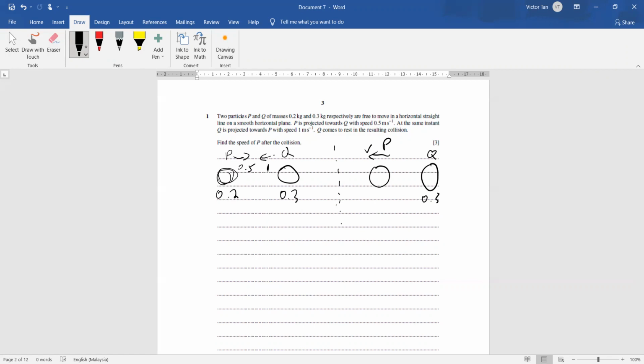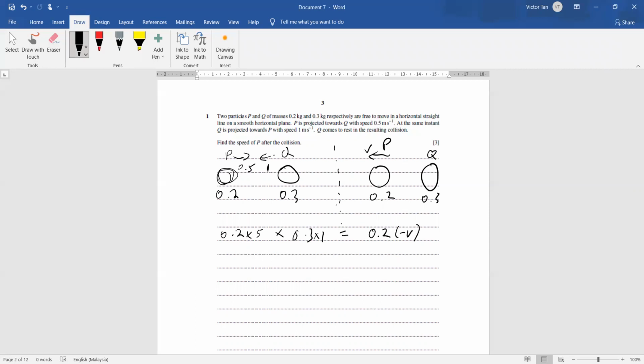So before the collision, the momentum is 0.2 times 0.5 plus 0.3 times 1 equal 0.2 times negative V. I put negative V because I'm taking to the right as a positive value.